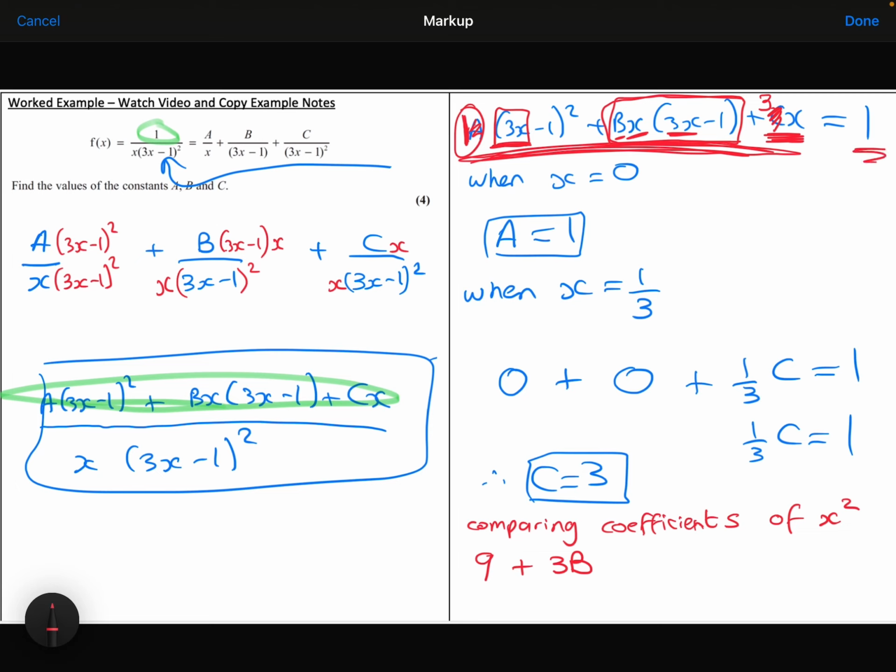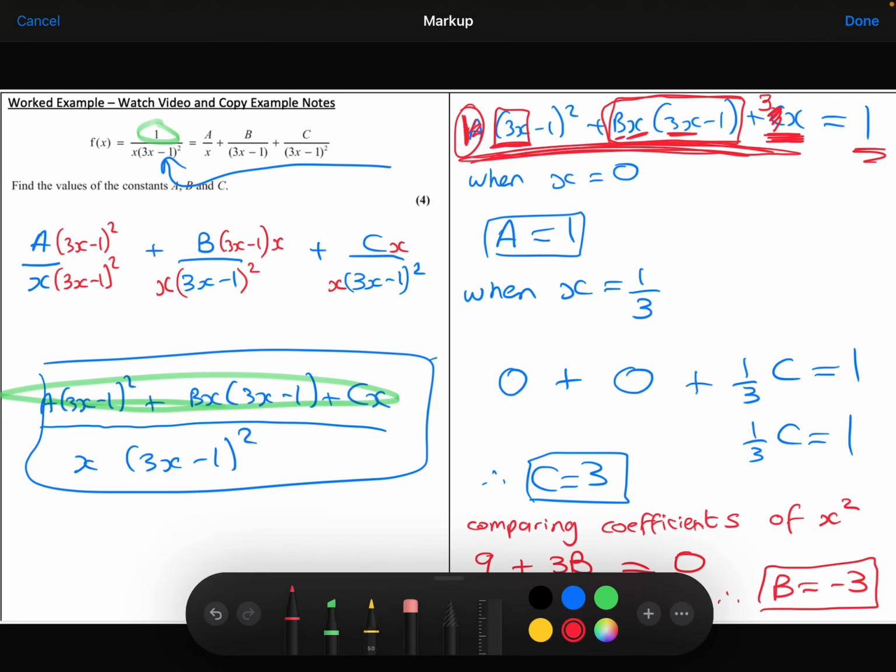On the right-hand side, again, there are no x squareds, so there are 0 x squareds on the right-hand side. So by comparing coefficients, by expanding the brackets and just looking at the x squared parts, I've managed to see that 3b has to equal minus 9, therefore b has to equal minus 3.